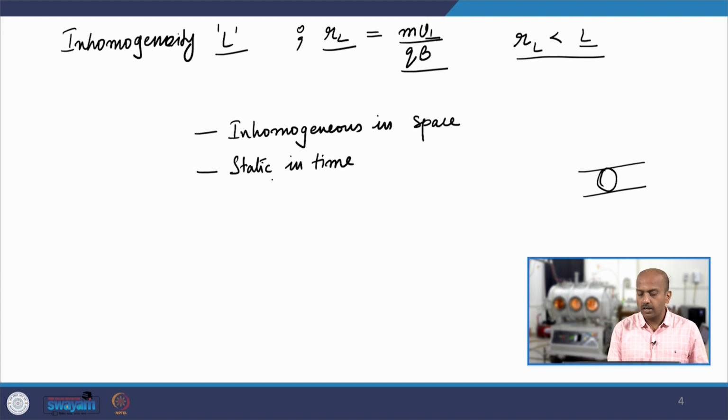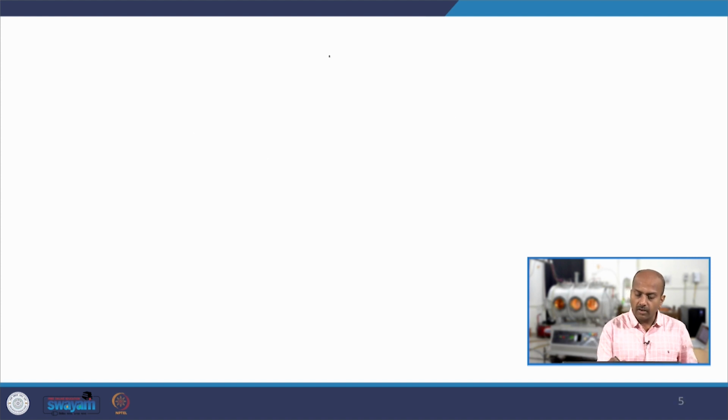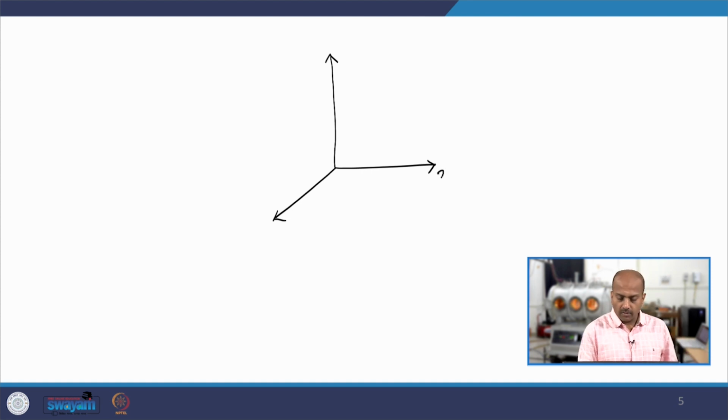Let us consider a coordinate system, and with that reference we can see how the magnetic field can be described. So, this is your choice of coordinate system: you have x, y and z, and now you consider the magnetic field to be changing like this. Let us say these are the magnetic flux lines.